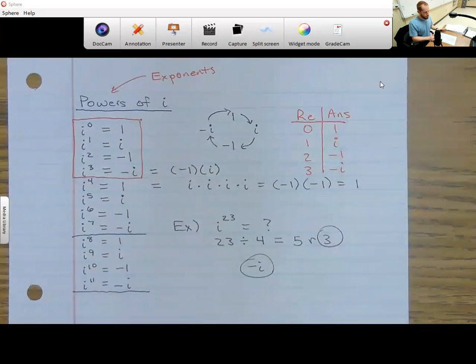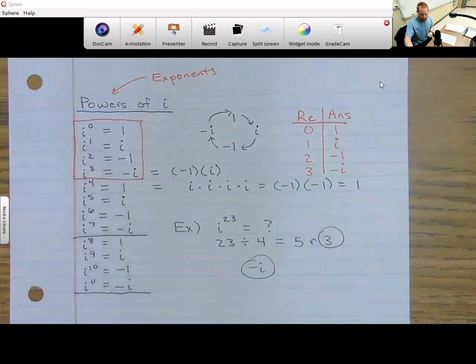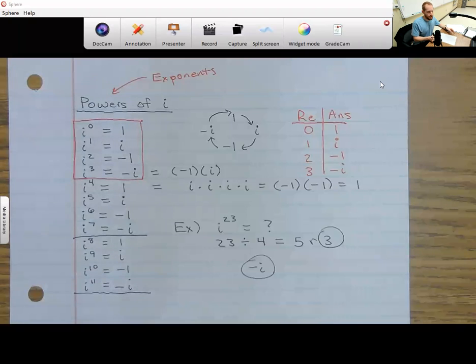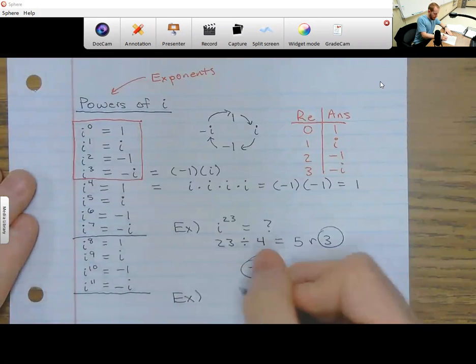So that's what you could also use. You could use a remainder table, but I find that this works just fine. These 4 powers of i right here repeat every single time, because the pattern of 4 repeats itself. Let's look at a couple more and then I'll call it a day.